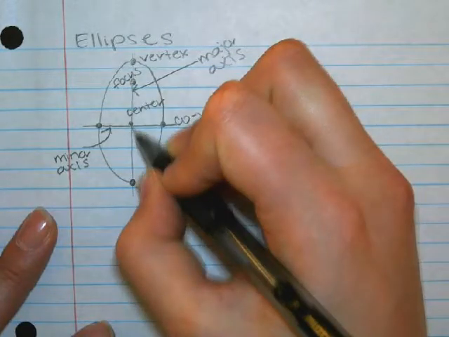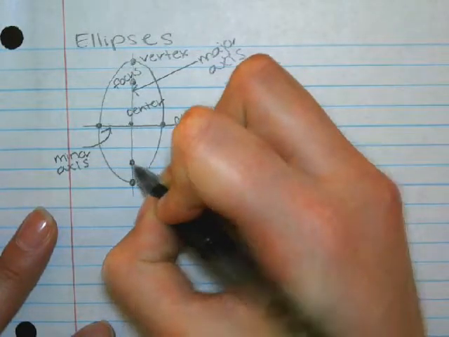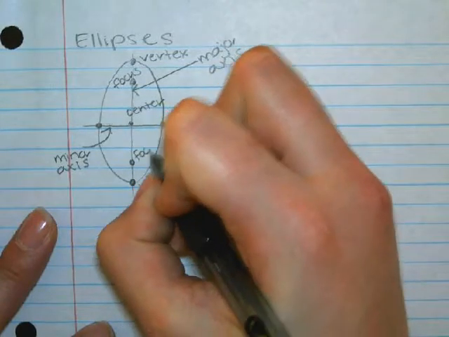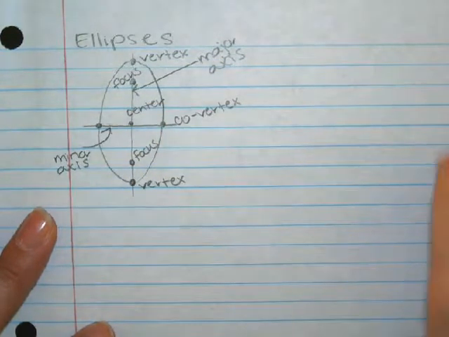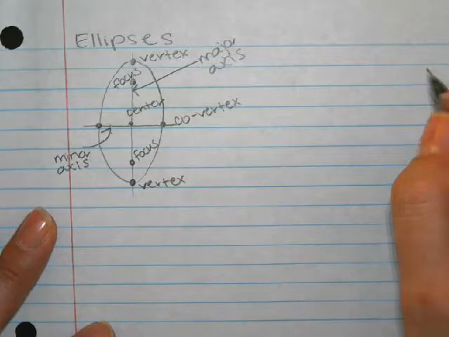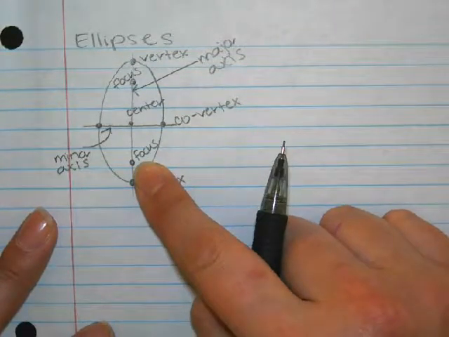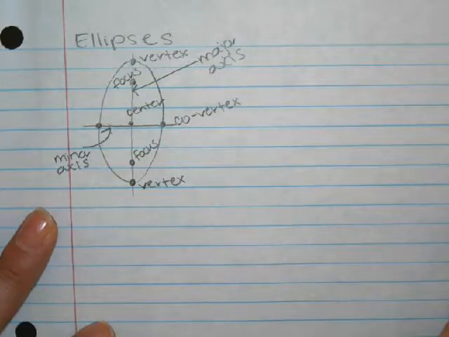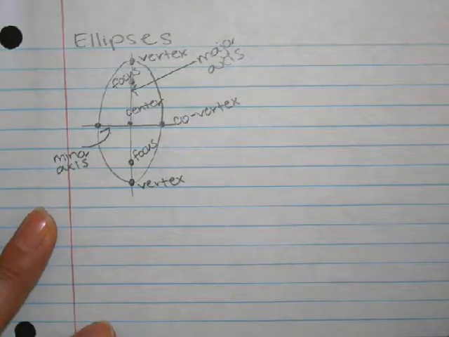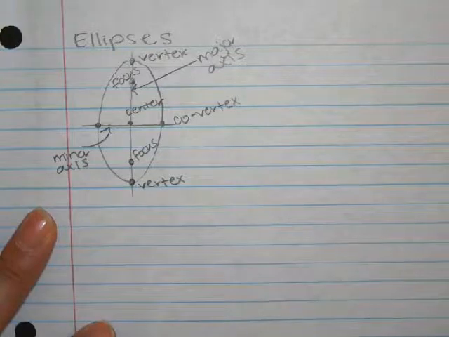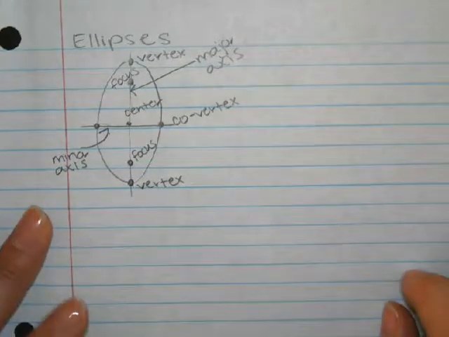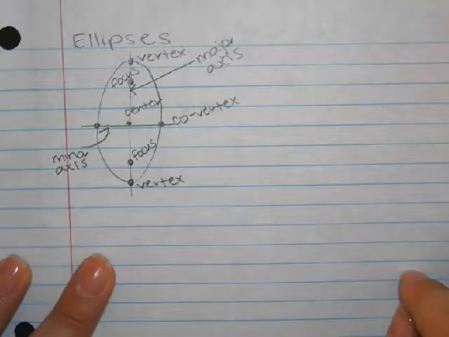If you're talking about two, the plural is foci, F-O-C-I, which is weird. So it's a focus if you're talking about one of them, and foci if you're talking about both of them. Okay. So if the ellipse is oriented this way, that's what all the terms are.